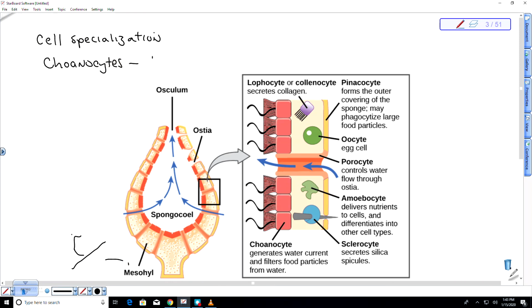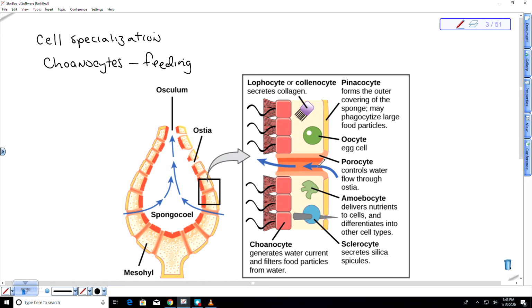These are involved in feeding. These organisms are filter feeders, so they're feeding by filtering water in through these pores, and the choanocytes are found on the inside, lining the inside of the sponge, and it is their flagella that create the current.